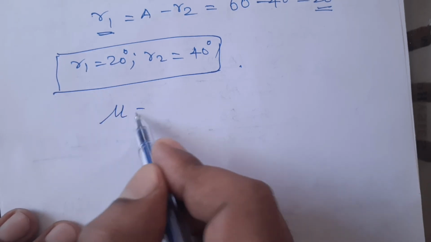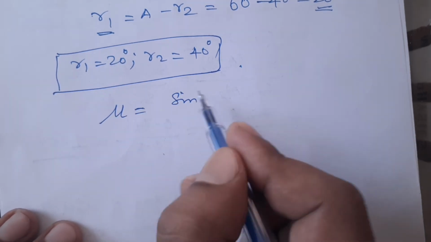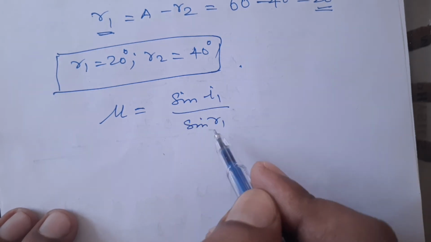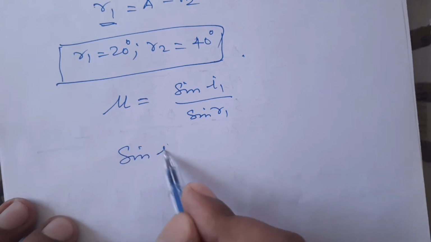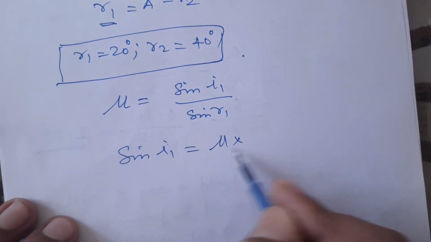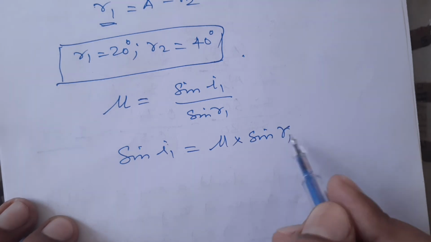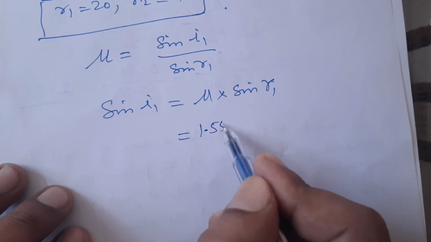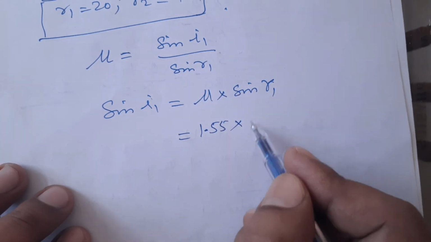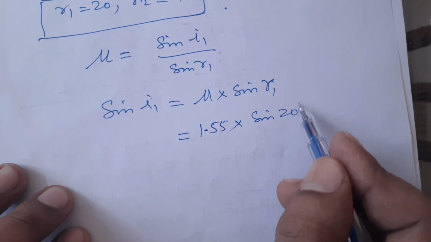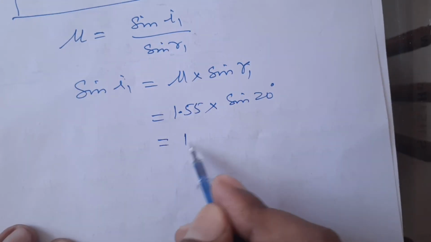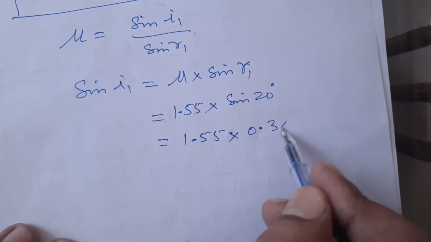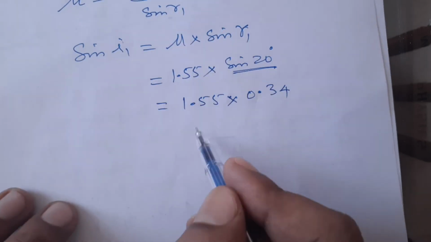So mu equal to, same formula, for the first face, sine of I1 by sine of R1. So sine of I1 equal to mu into sine of R1, equal to 1.55 into sine of 20 degree. Sine 20 is 0.34.